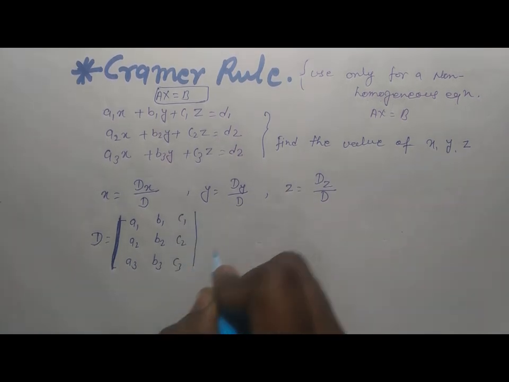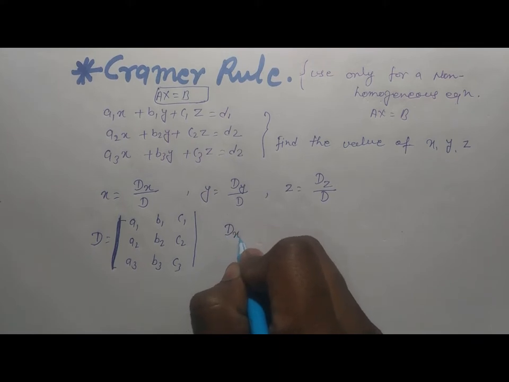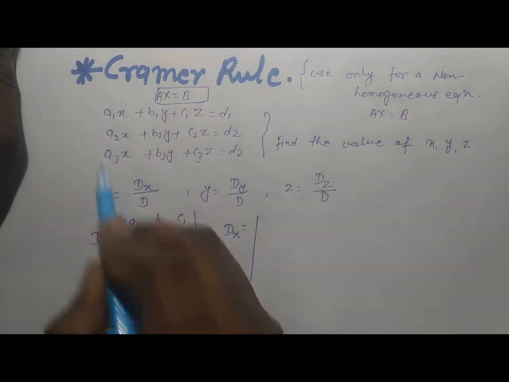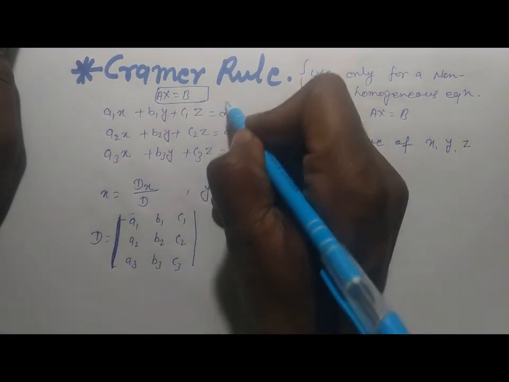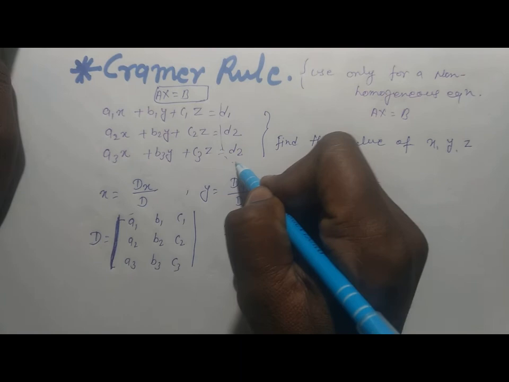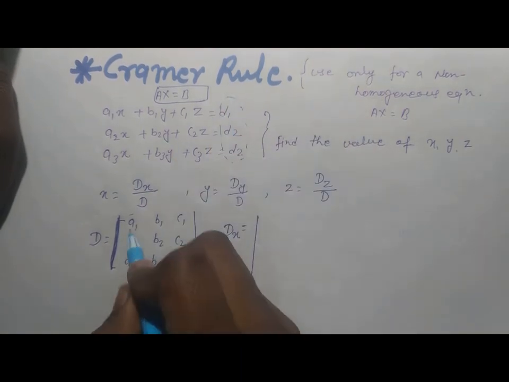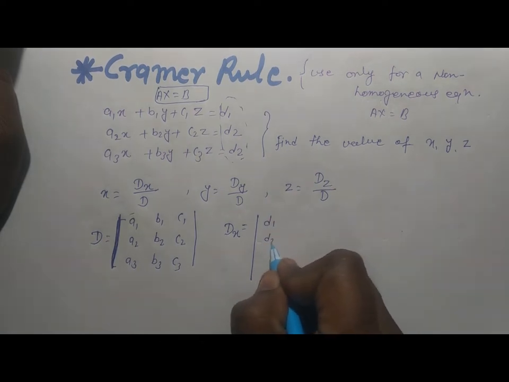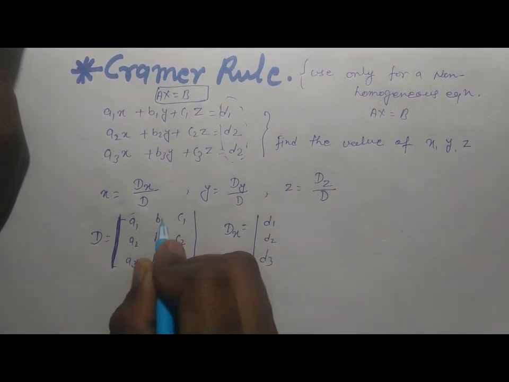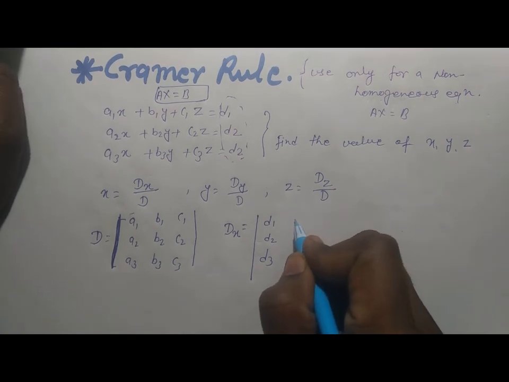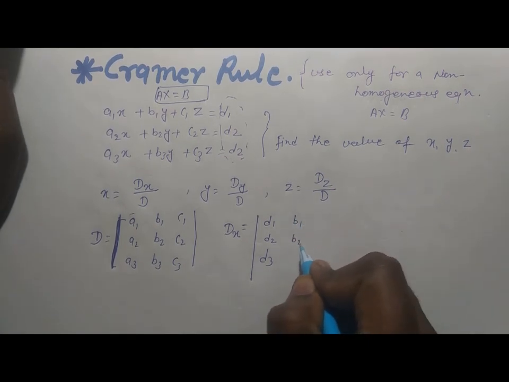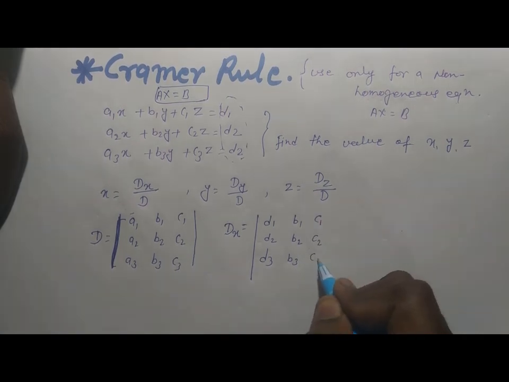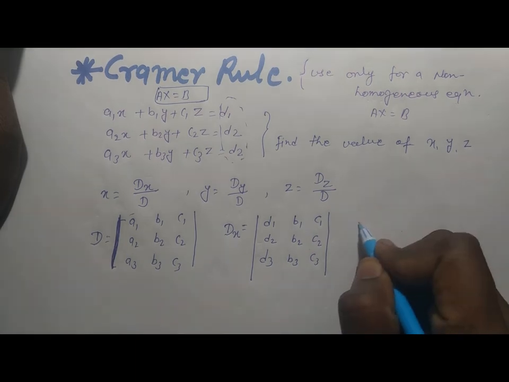Then we can find dx. Simply replace the coefficients of x with the constant values, and write the other coefficients of y and z in the same place. Then d1, d2, d3, and in the same place b1, b2, b3 is the coefficient of y and c1, c2, c3 is the coefficient of z.